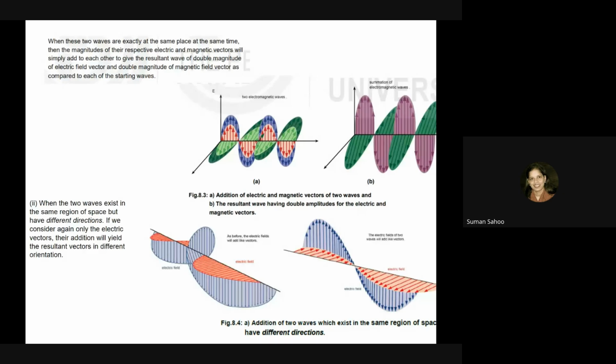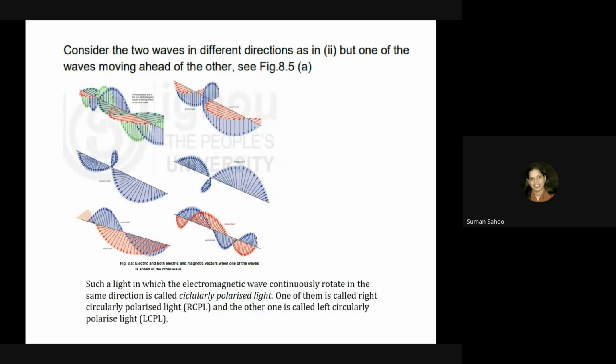Now when we consider only the electric vectors, think of two waves going in the same direction, but one of them is moving ahead of the other.